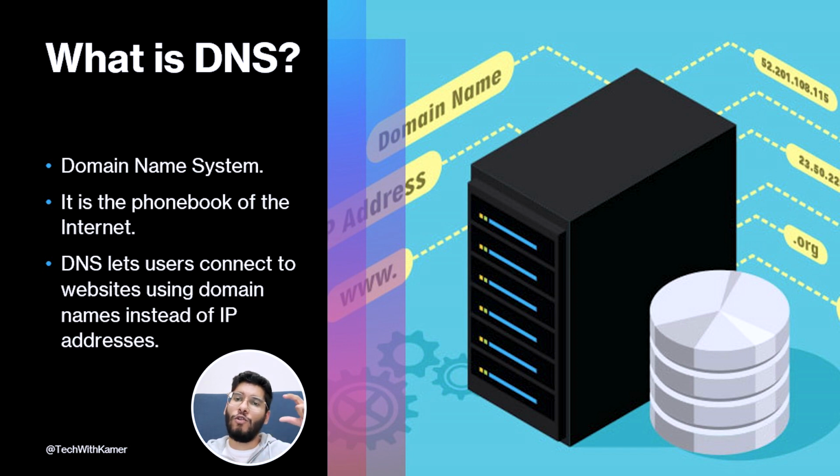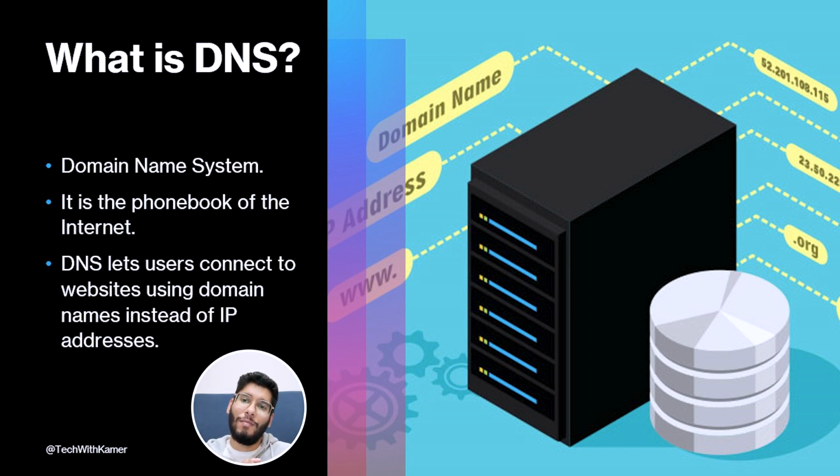The internet has domains, like google.com or facebook.com or instagram.com, and DNS also stores the domain and the IP addresses. So it is like the phone number and the contact detail in your phone book, so we can say that it is a phone book of the internet.